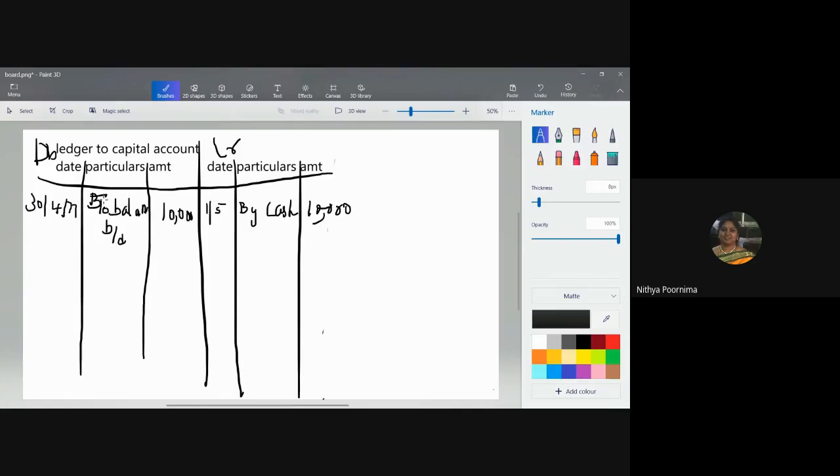This information is not given, but we know by cash it is 10,000, meaning it is on the debit side, so definitely by balance it would have been brought down as 10,000. So these assumptions we need to make when you're making your capital ledger entry in the capital account. So 10K here, 10K here. So this is balanced for us.